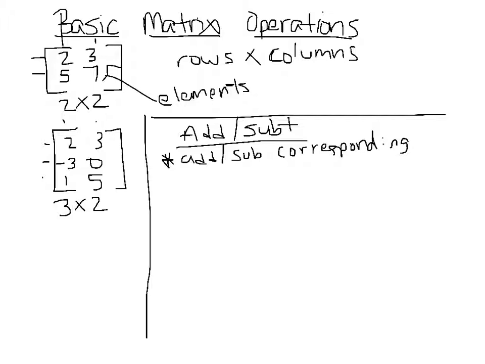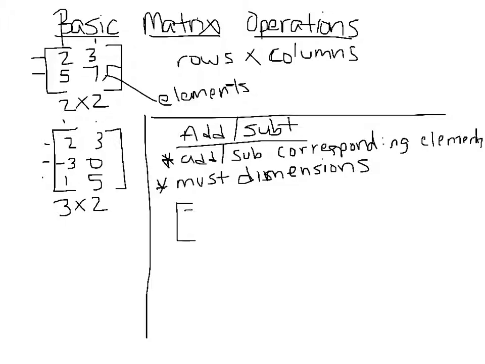So that means we're going to be adding and subtracting things from each matrix that are in the same place. So if it's in the top left corner of the first matrix, we'll add that to whatever the element in the top left corner of the second matrix. With that, when you add and subtract matrices, they must be the same dimensions. Because we're adding and subtracting corresponding elements, if they're not the same dimension, then you won't be able to add what's corresponding.